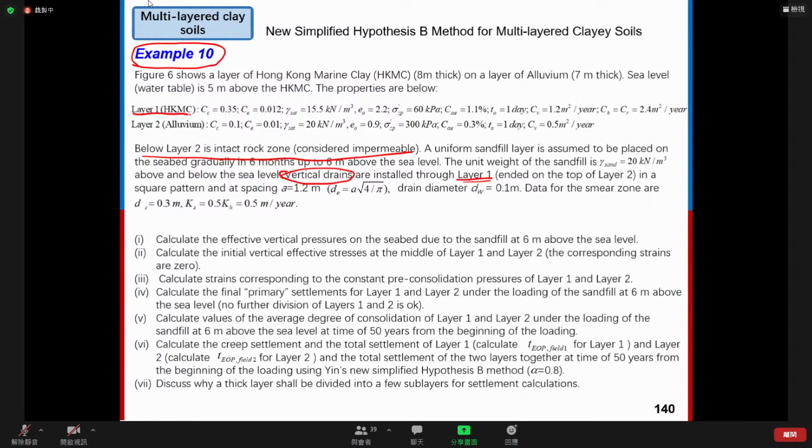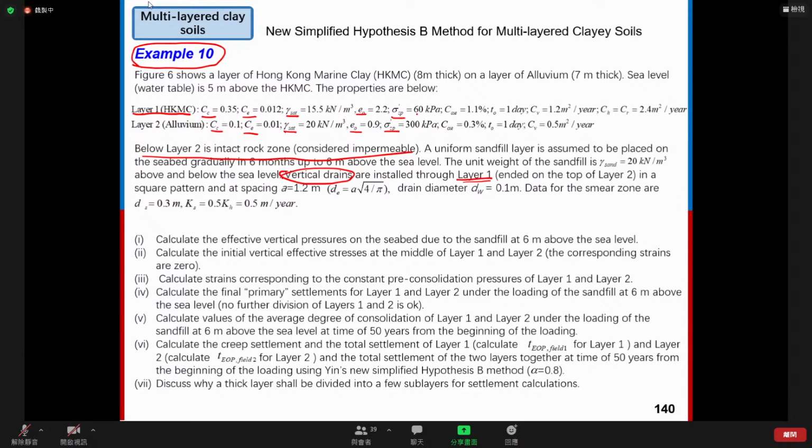So for layer 1, Cc has been given, also Ce value, gamma saturated, the unit weight when saturated, the initial void ratio, and the pre-consolidation effective stress, σp', where the prime means effective.